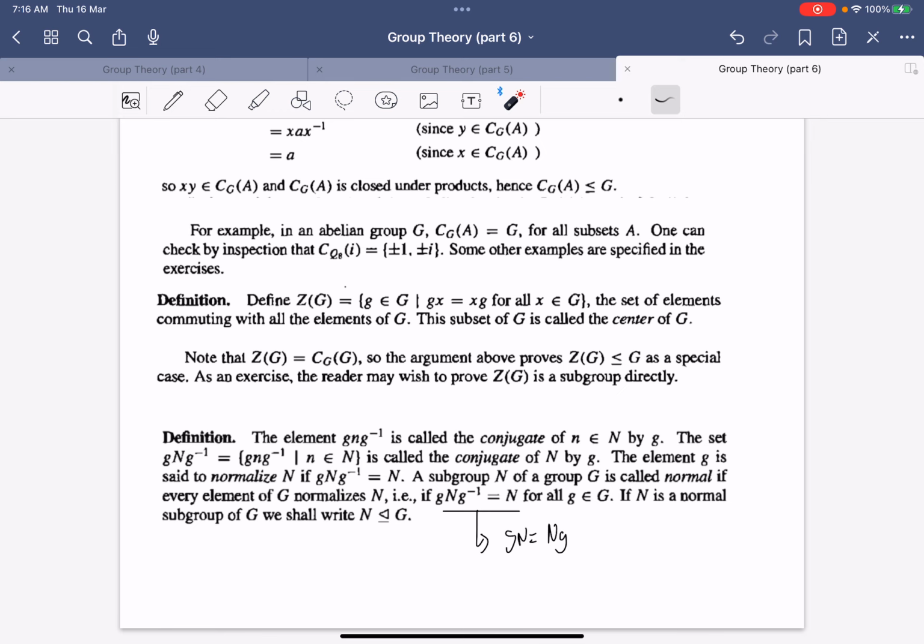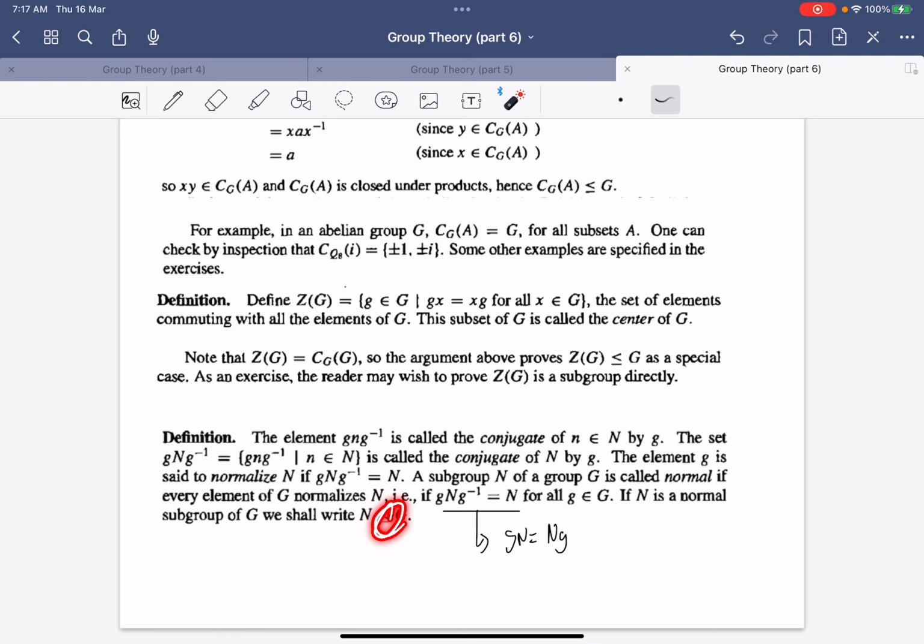And so then we form the set of conjugates, g N g inverse, where n just runs through all the elements of capital N. The element g is said to normalize N if g N g inverse equals N. And then we define this to be the property of normality. We say that a subgroup N is normal if every element in G normalizes N, meaning g N g inverse equals N for all g.